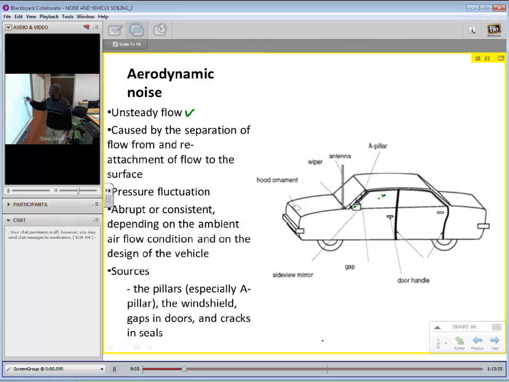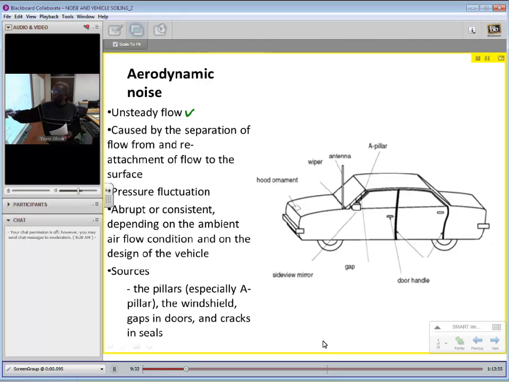At least it has a lateral component that bounces from here and then hits here. So essentially we have separation and reattachment, except this reattachment now starts hitting like this and causes perturbation. And that of course is an unsteady flow. So those are causes of aerodynamic noise.